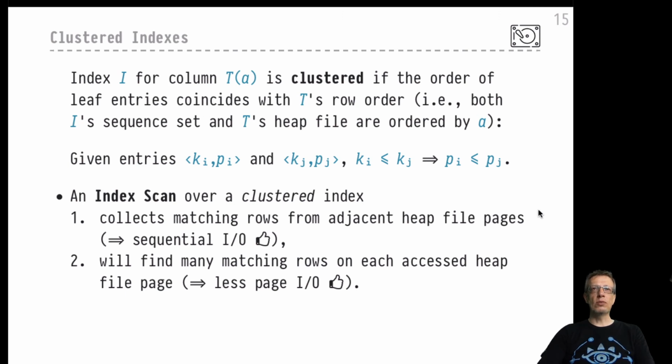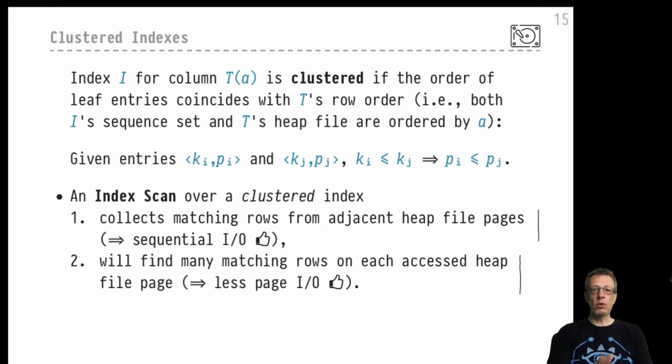That's perfect. It will lead to sequential I/O. I will also find on each page that I load from the heap file of table T many matching rows, because rows with adjacent key values live on adjacent pages, maybe even on the same page.